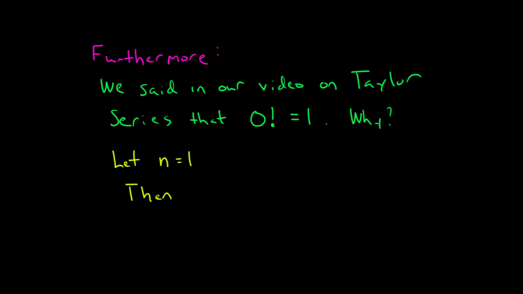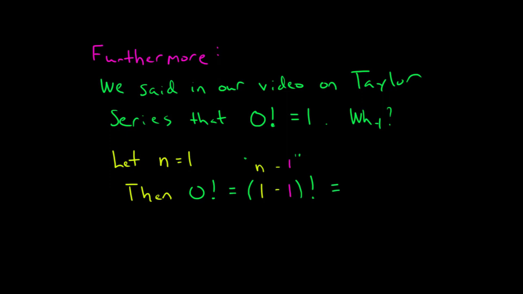If we were to let n equal 1, then 0 factorial would equal, open parenthesis, 1 minus 1, factorial. So now, looking at this expression, we have an n minus 1 factorial expression here, where we're letting n equal to 1.